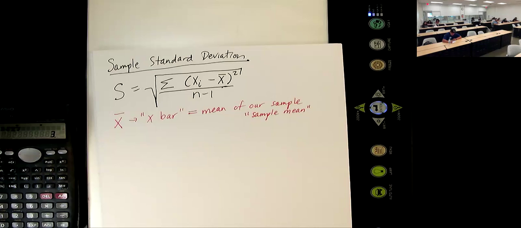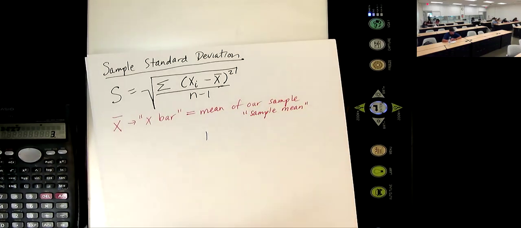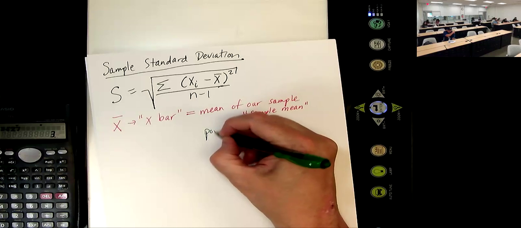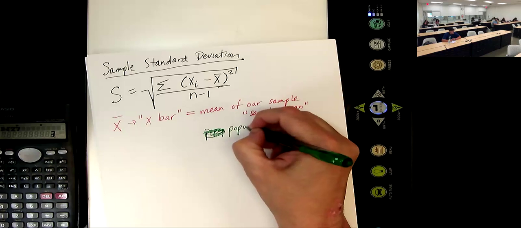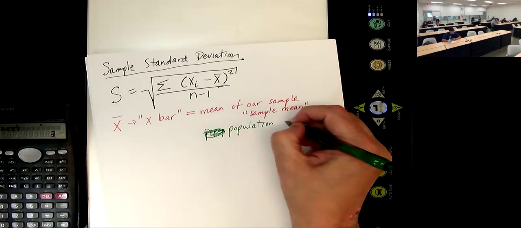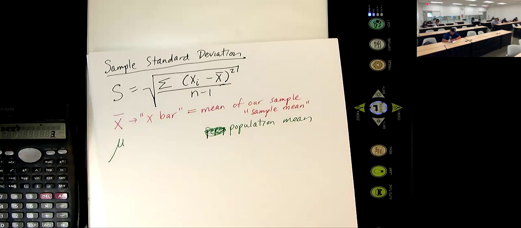This is different than a population mean. Let's use green for population. There we go, population mean. It has a different symbol. It looks like a u with a long tail in front of it.